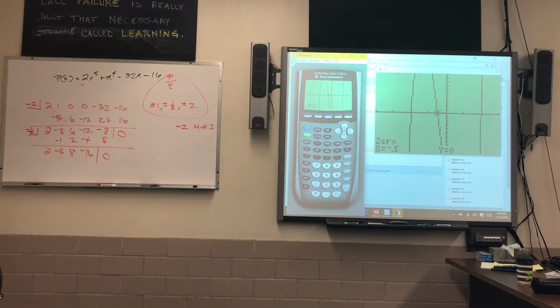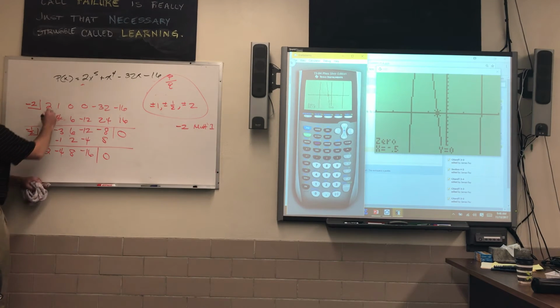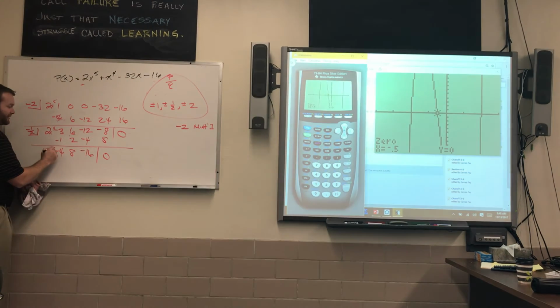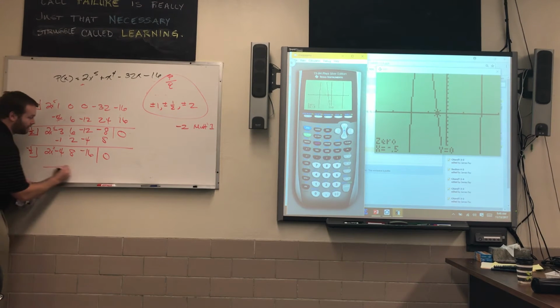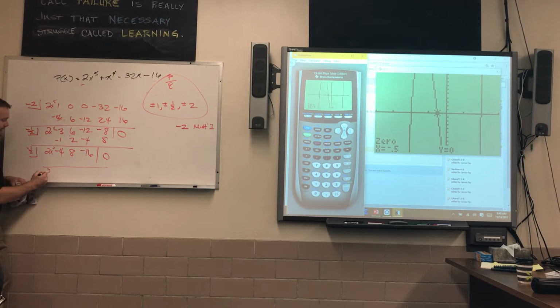Okay. Now, remember, this is x to the fifth. This now became x to the fourth. This is now x cubed, right? Now, because of the graph, I don't know whether negative 1/2 would have worked 2 times. Okay, so I'm going to bring my 2 down. Now I get negative 1, now I get negative 5. And now just kind of visualizing what's going to happen, we get negative 5/2, right?